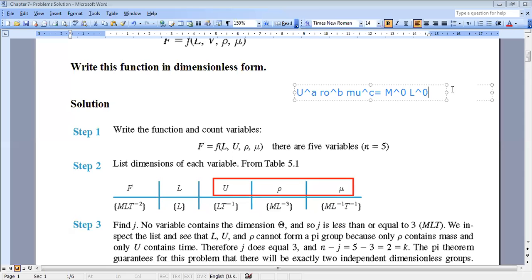So let us see if I can find coefficients A, B, and C in a way to have a dimensionless result. How to do the test? I replace the dimension of U by LT minus 1. So I get L to the power A times T to the power minus A.